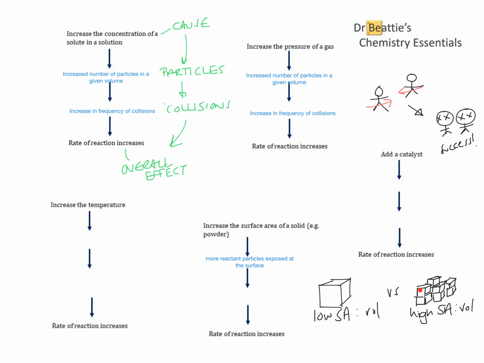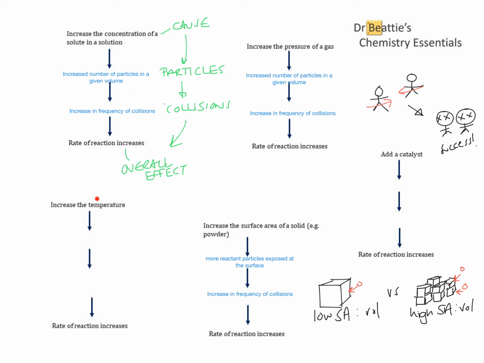And you can see here, if we split this cube up into 8 smaller cubes, then it has a higher surface area to volume ratio. So as particles outside of our solid, and this could be like a solid catalyst, if there are particles outside that need to collide with it, there's more surface area that's exposed versus this low surface area to volume ratio. And so we have an increase in the frequency of collisions, and so the rate of reaction increases.